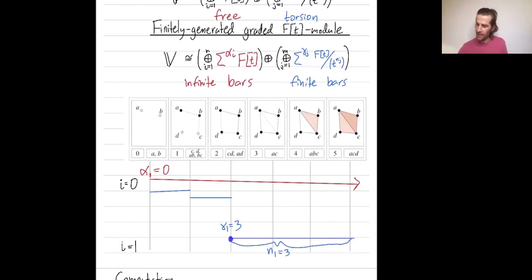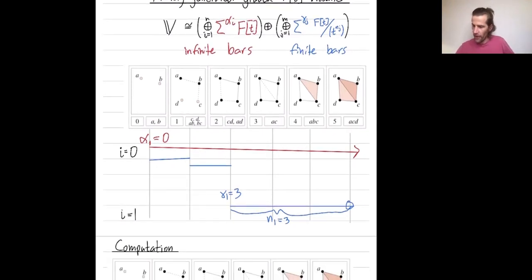So I've applied t 3 times, and I've gotten to 0. These intervals are all half open. So when I apply t 3 times, I reach the end of my bar, I'm at 0. I've been killed off. Just like here, when I mod out by t cubed, that means that if I apply t 3 times in this module, I have the 0 element.